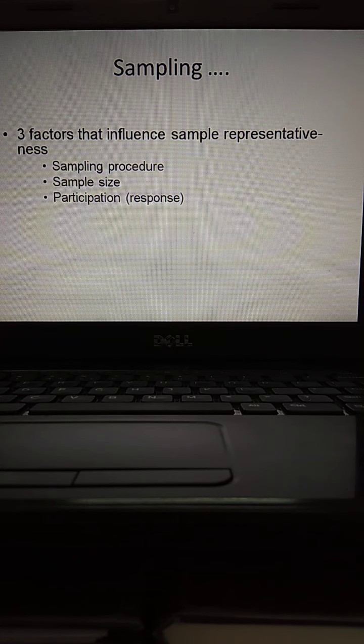In the same way, the participation of the sampling units is also very important as far as information gathering is concerned. So these three factors influence the sampling procedures: the sampling procedure, the sample size, and the participation.